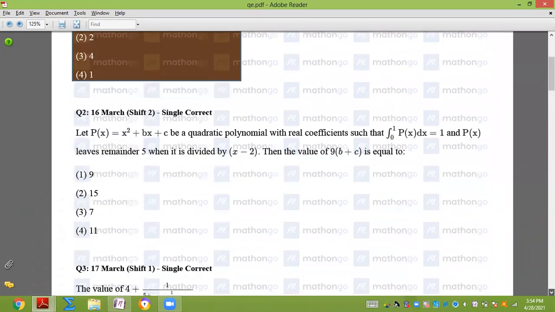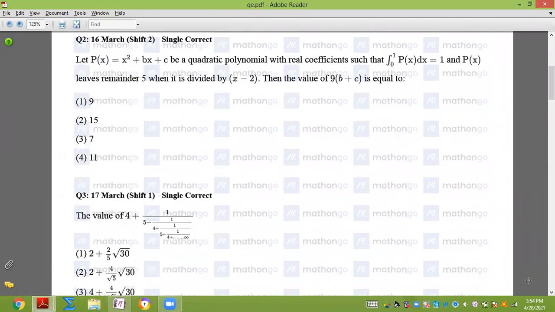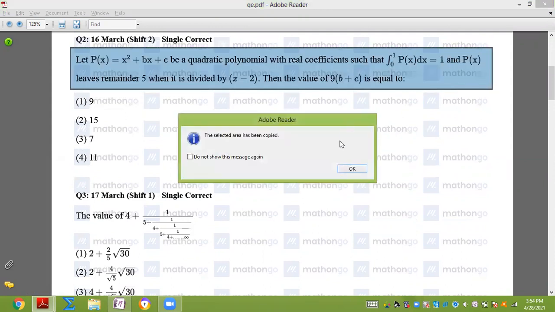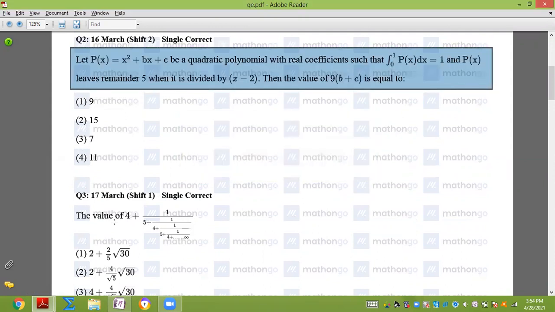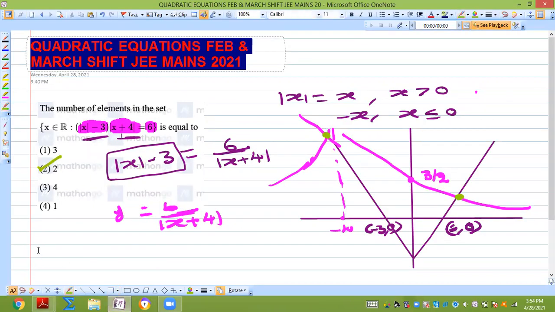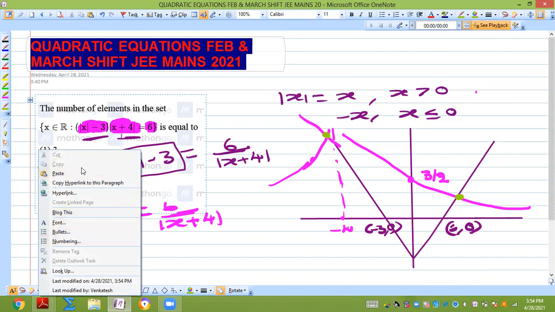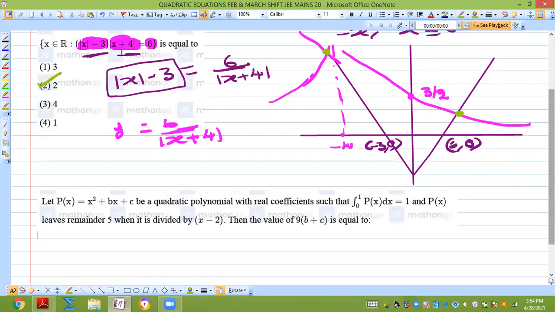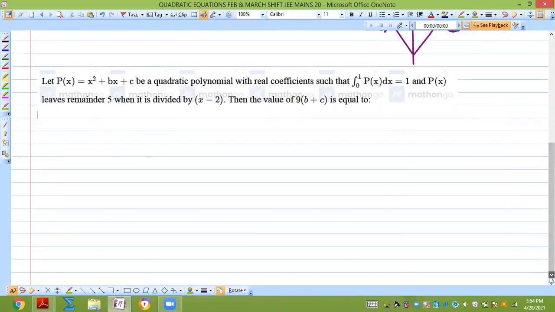Next, question number 2. P of x is equal to ax square plus bx plus c is a quadratic polynomial. Okay, so they have given an integration condition. Here p of x is equal to x square plus bx plus c, and first I am using the given integration condition, that is integral 0 to 1 p of x dx is equal to 1.